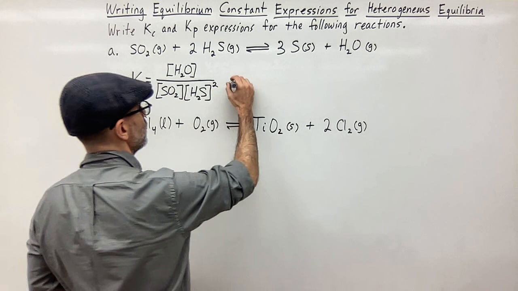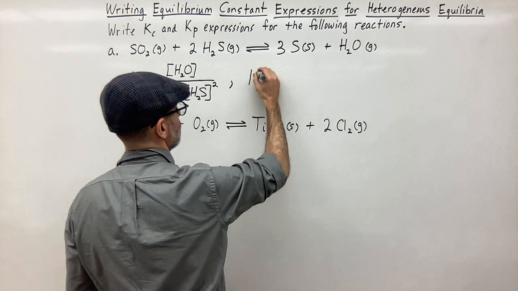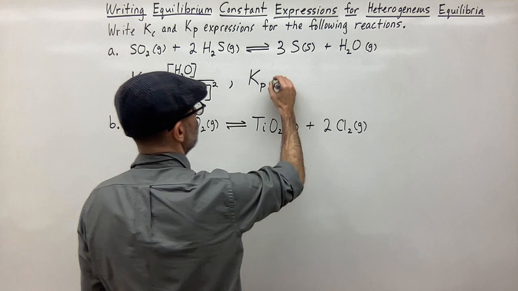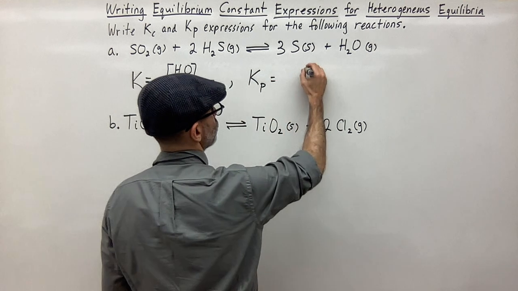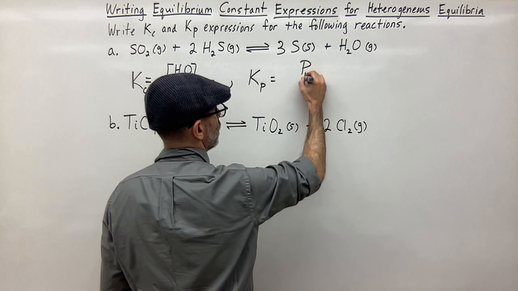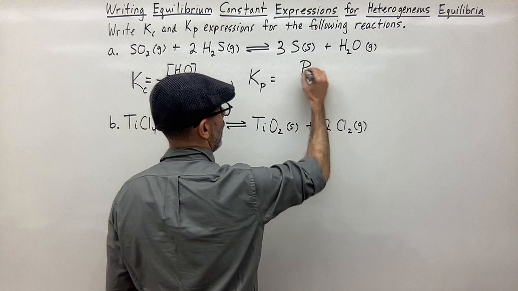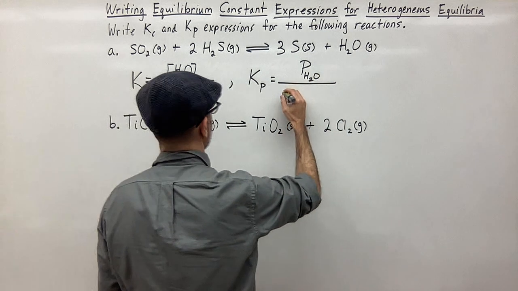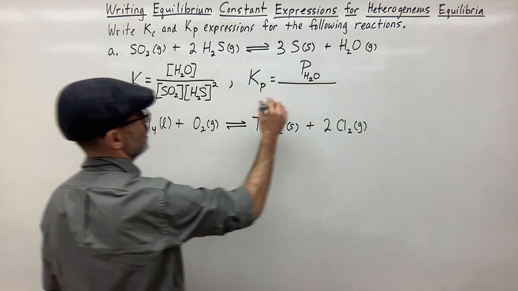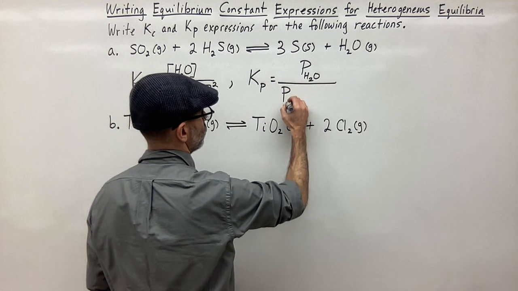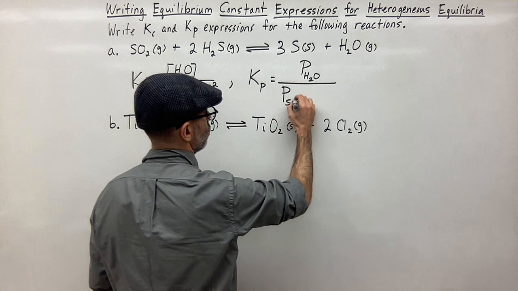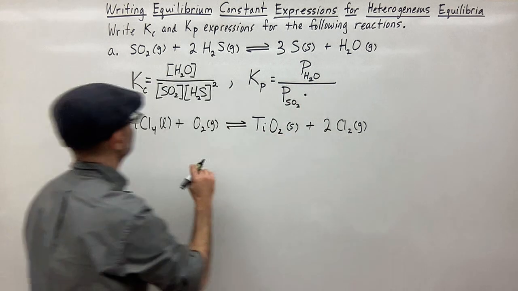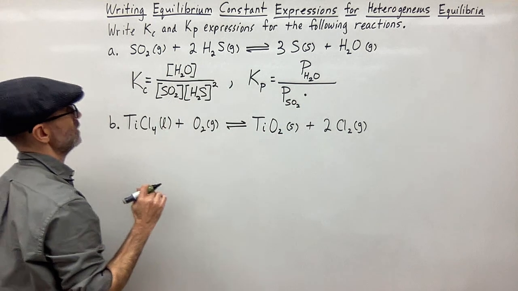So here we have the Kc expression. And then the Kp expression is exactly the same, except it's in terms of pressure. So Kp is going to be equal to the partial pressure of H2O gas over the partial pressure of SO2 gas, multiplied by the partial pressure of H2S gas.